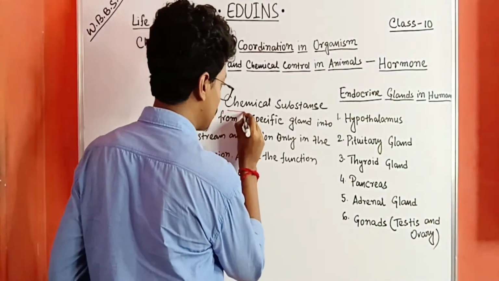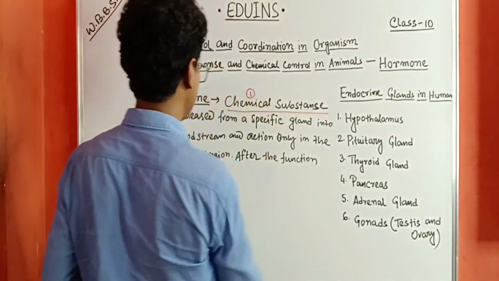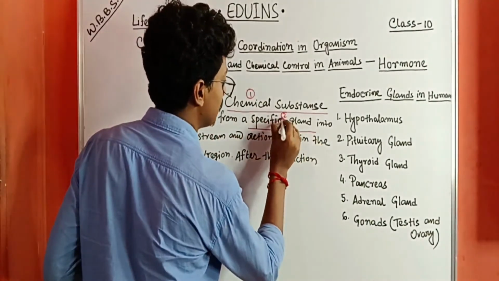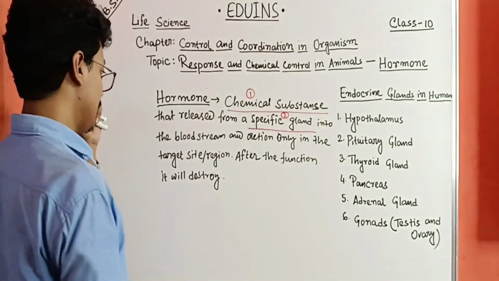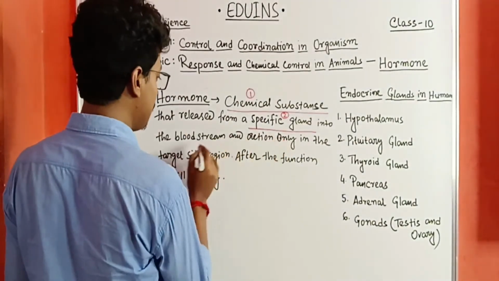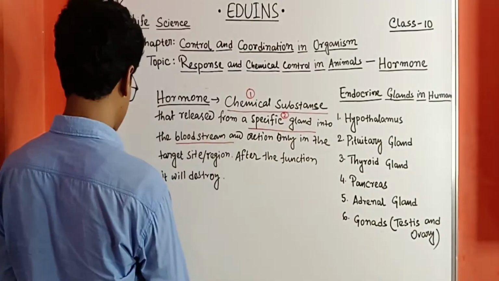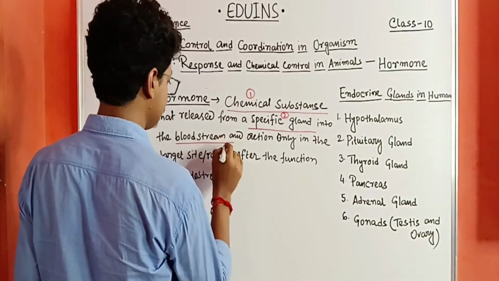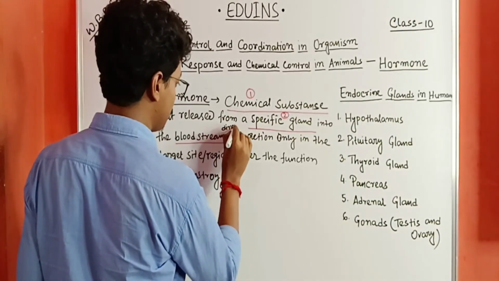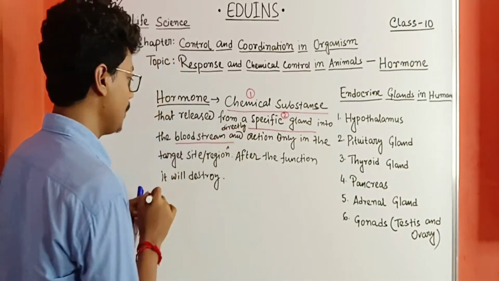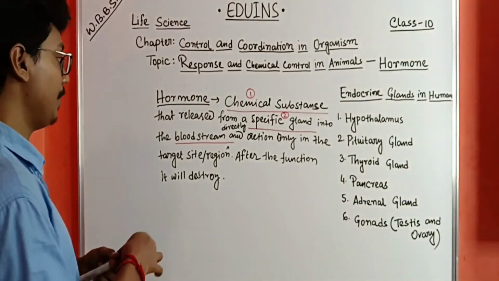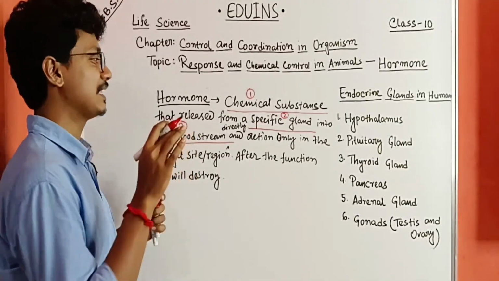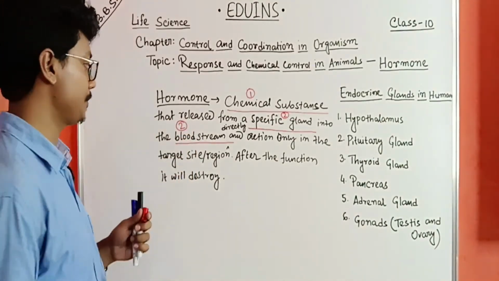First one, it is a chemical substance. Number two, it is released from a specific gland, that is the endocrine gland. Number three, it is directly released to the bloodstream, so it is not carried through any duct.